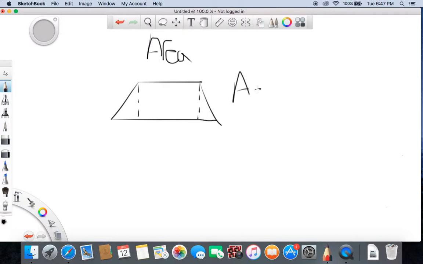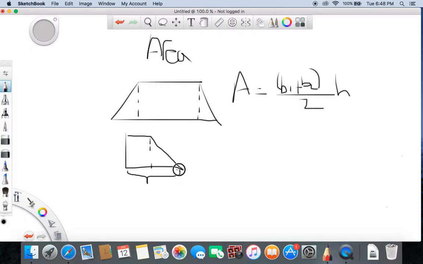Area equals, okay, I'm blanking out now that I have to make this video, B1 plus B2 over 2 times height. This would be the height. Say this was your trapezoid, this would be your height, and this entire thing would be your base 2 and this would be your base 1.